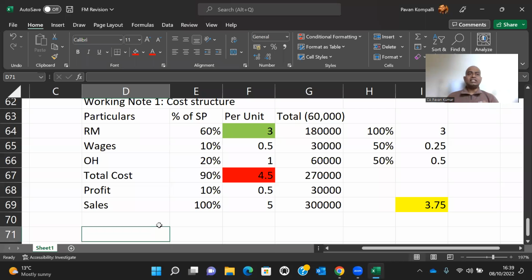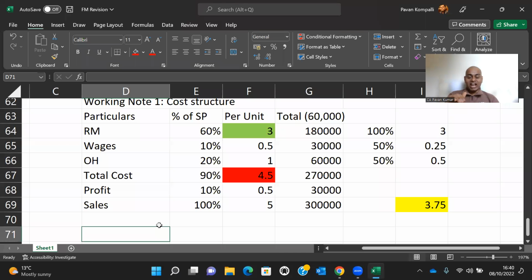So different companies, different industries, different countries may follow different ways of calculating something. For example, I teach CMA US, CPA and ACCA. I have personally done my master's from one of the European universities. In the United States, while calculating debt equity ratio, they include current liabilities also.